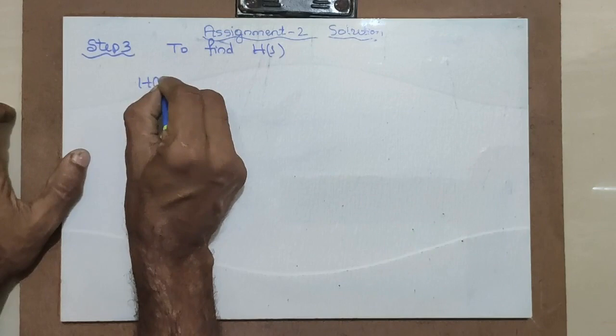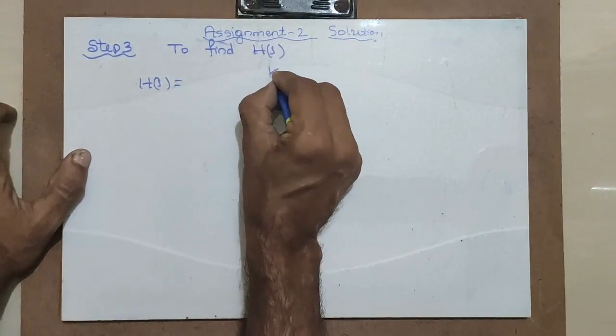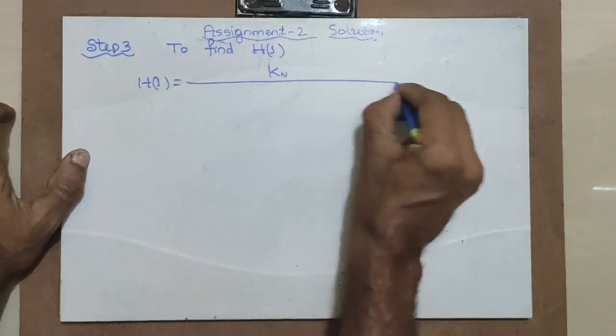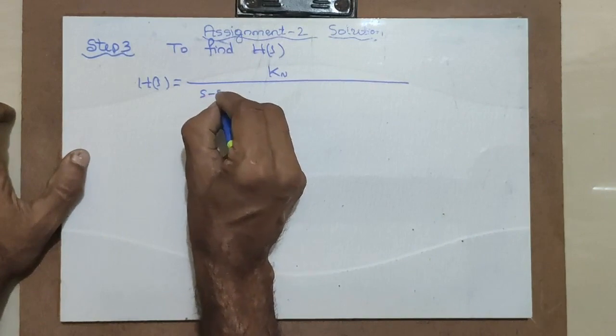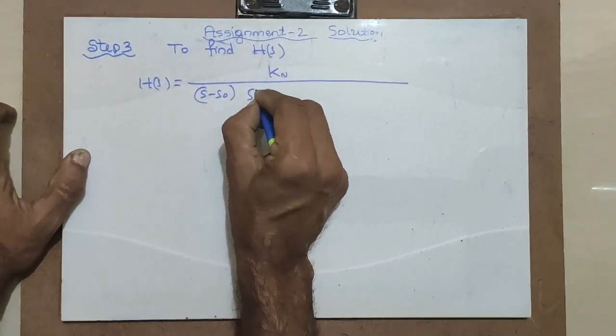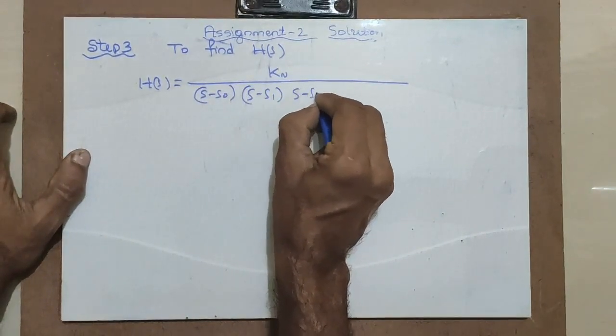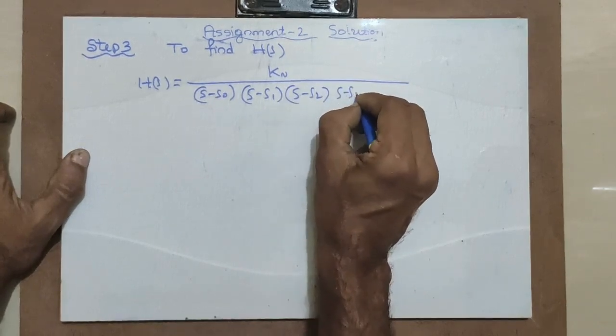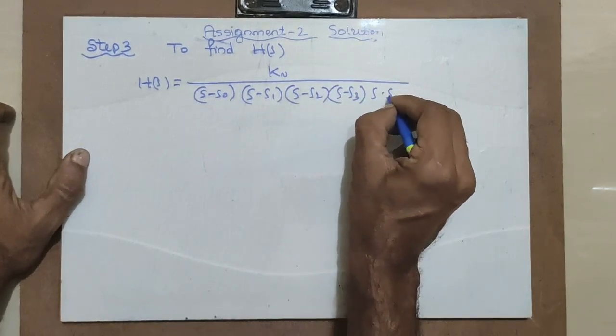H of s is equal to Kn divided by s minus s naught, s minus s1, s minus s2, s minus s3, s minus s4.